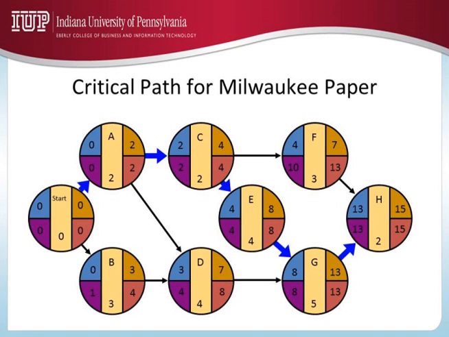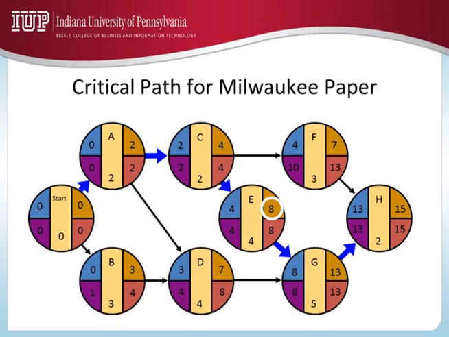Clear? Okay. Now let's look at E. E is simple. How many immediate predecessors does E have? Only one, C. So all I have to look at is the earliest finish time of C. That can be the earliest start time of E. 4 plus 4, 8. Again, don't forget what these numbers are.